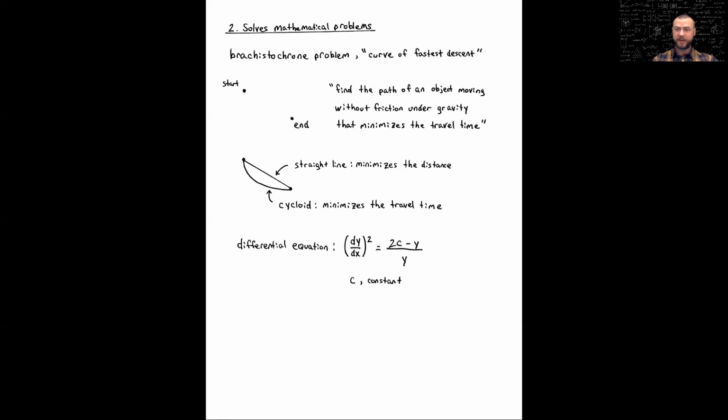The c that appears in there is some constant, not important for our lecture right now, but if you solve for y, you get y as a function of x that describes the path for the curve of fastest descent. The brachistochrone problem is one of the first times historically that differential equations were used to solve a mathematical problem.